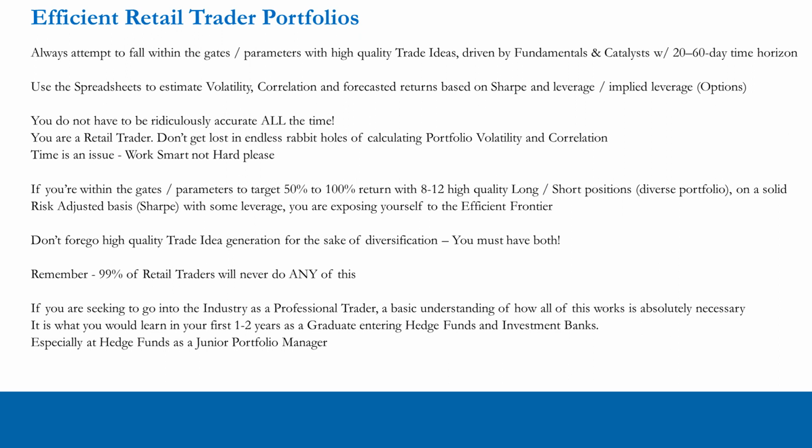Use the spreadsheets to estimate volatility, correlation, and forecasted returns based on Sharpe ratio and leverage that's available, or implied leverage via options. And you do not have to be ridiculously accurate all of the time.